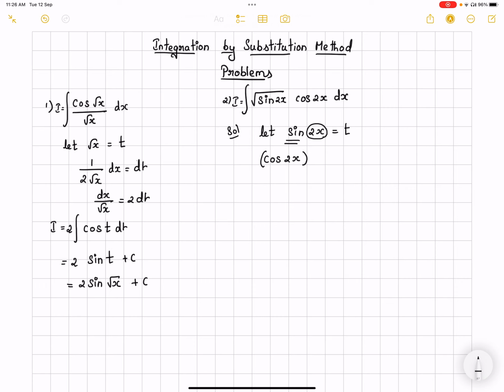When I differentiate 2x, x becomes 1, and 2 into 1, I would get 2 times cos 2x, which is equal to dt by dx. What is happening is the chain rule. Whenever we have a chain rule, we differentiate the outside function first as a whole, considering it as one, and then differentiate the inside function. This is how we do it.